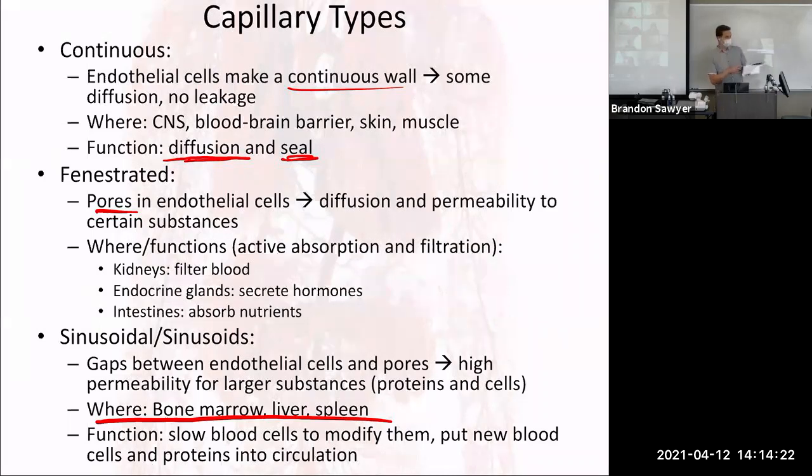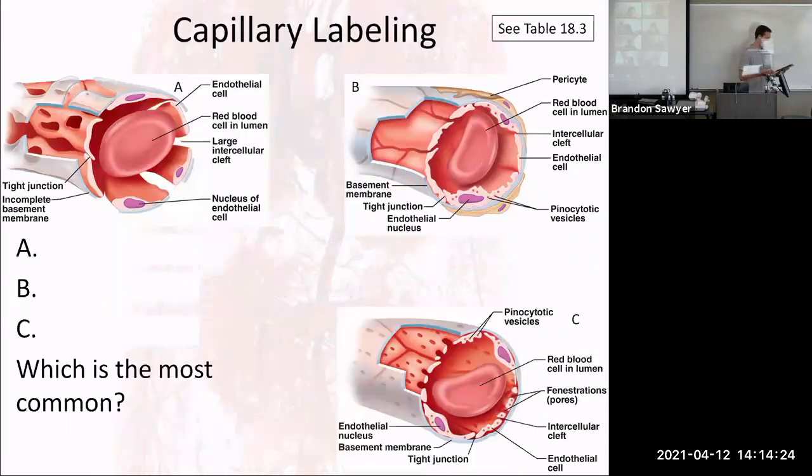Okay. All right, so this one kind of walks us through. I can just walk you through this here. So the 3 different types, right? So we can see B definitely looks like the least leaky, right? Here we can see these holes, these little pores, not much gaps between them. And then this one has big holes and big gaps between them, right?